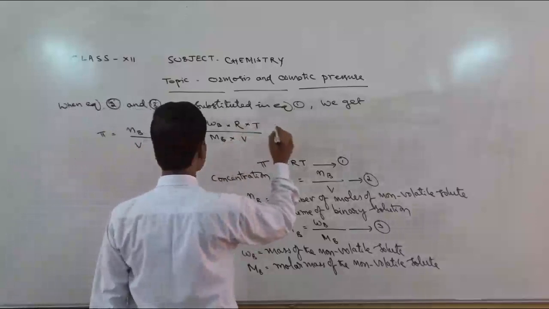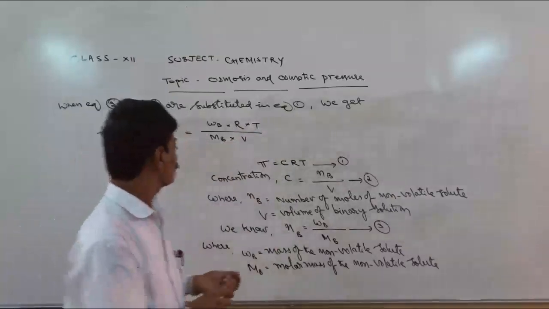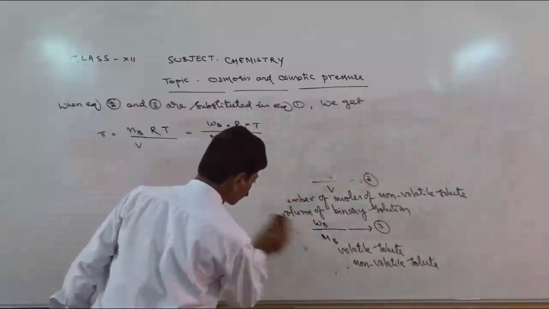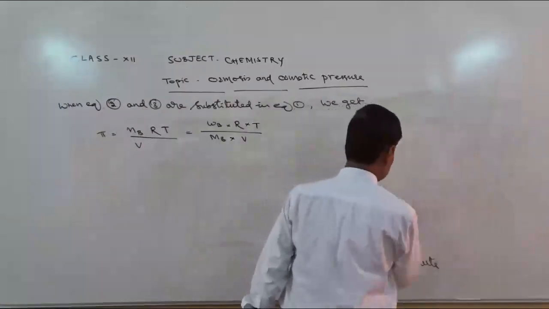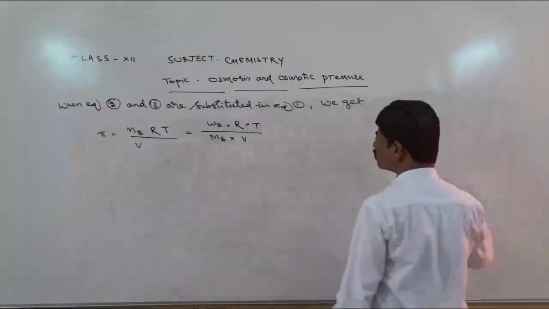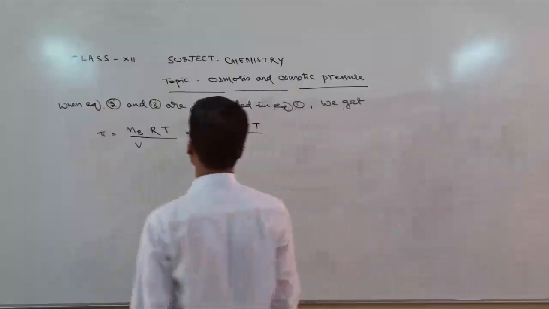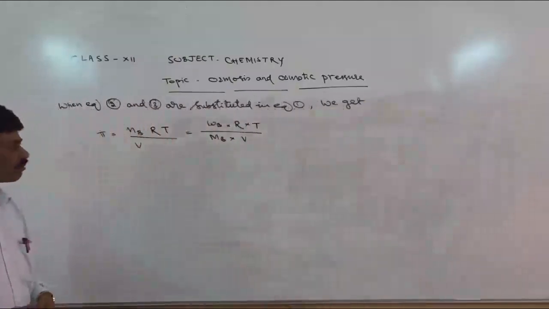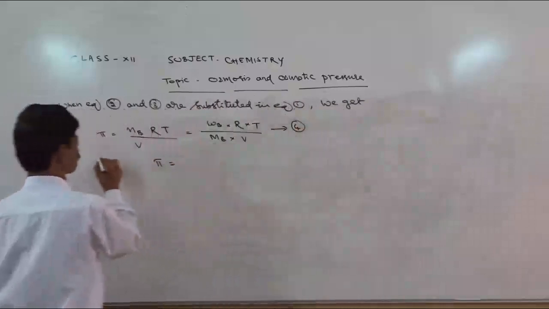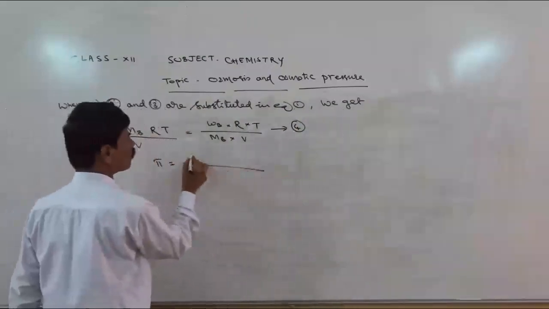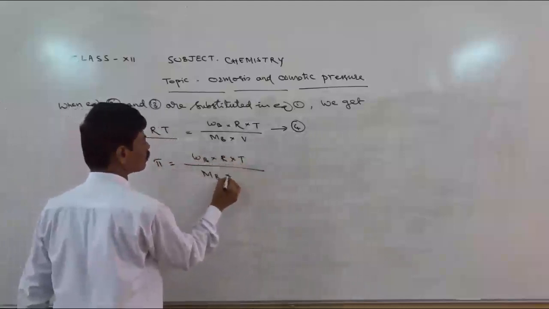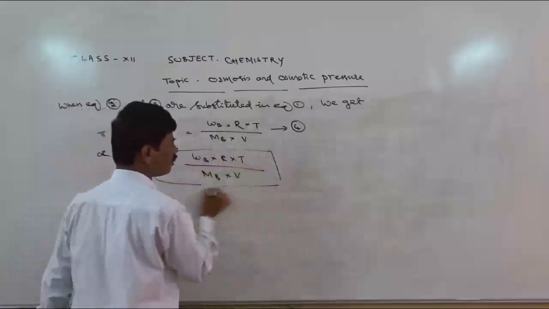So this is the important equation which is required in finding out the osmotic pressure of the solution when we are given weight of the solute, volume of the solution, temperature, etc. So pi is equal to, let this be equation number 4, pi is equal to WB into R into T divided by MB into V. This is the final equation.